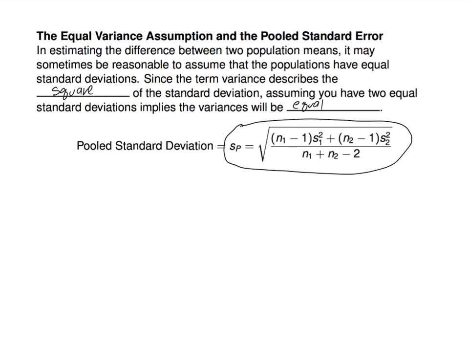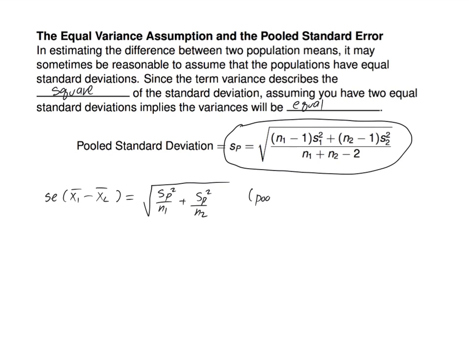First you find this, because you kind of average the standard deviations between the two groups, but you've got to average them based on sample sizes. One might have 50 and one might have 70 people in different groups, so you've got to account for that, and this gets an estimate. And then the standard error of x1 bar minus x2 bar is equal to the root of sp squared over n1 plus sp squared over n2.